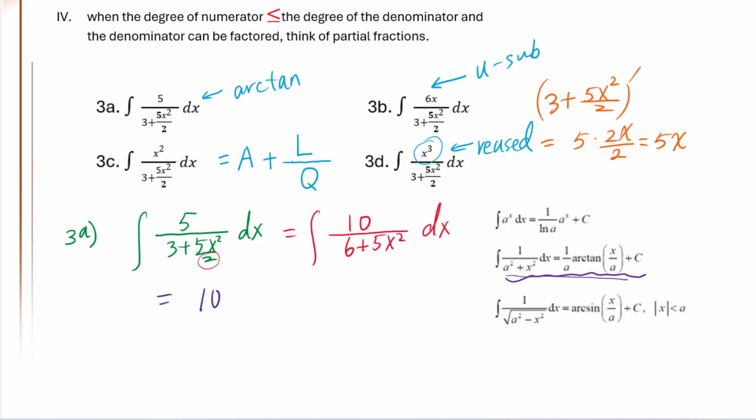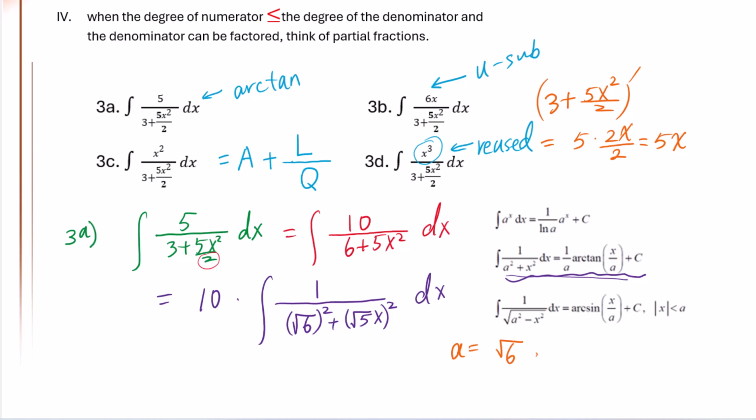We will take a 10 out. Integral of 1 over square root of 6 squared plus square root of 5x squared dx.